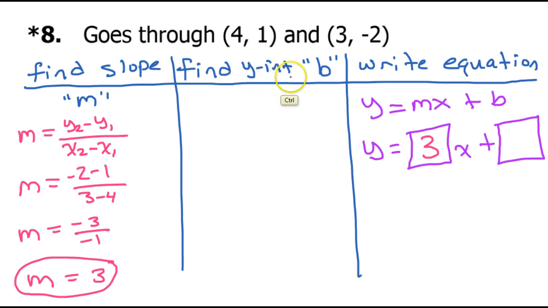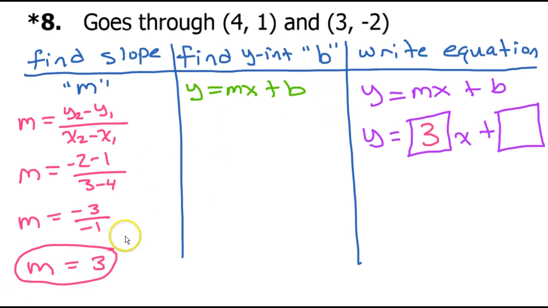All right, now it's time to find the y-intercept b. Okay, so how do I do that? Well, let's go back to the model y equals mx plus b. In order to find b using this equation, we need to have a y and m and an x.